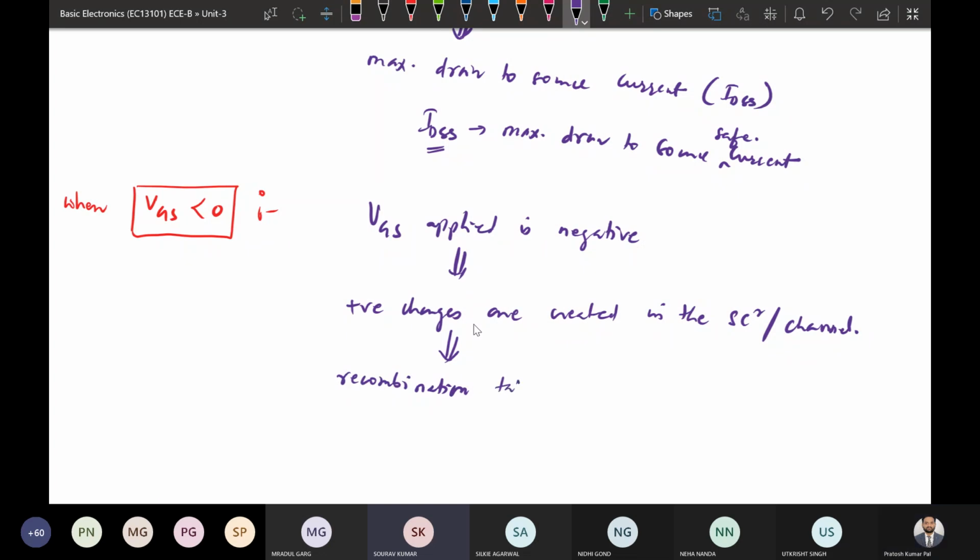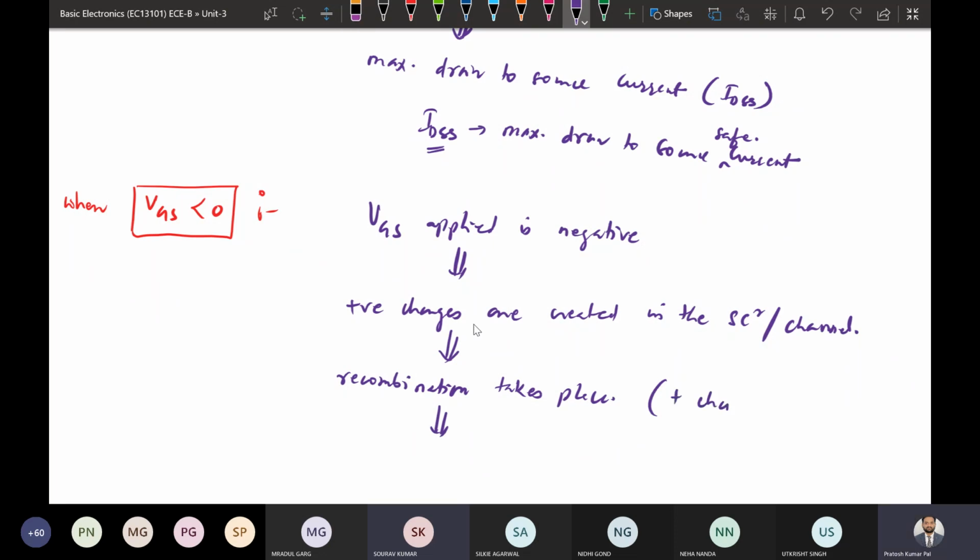Recombination takes place as the channel region has both positive charges and negative electrons. So positive charges will be combining with the electrons.